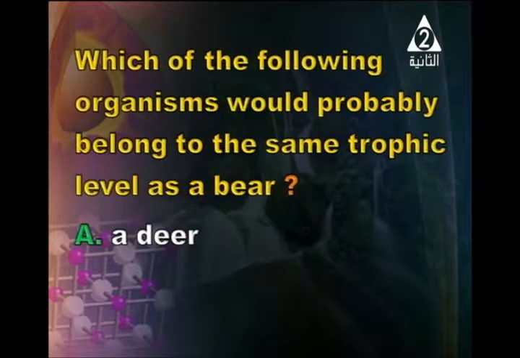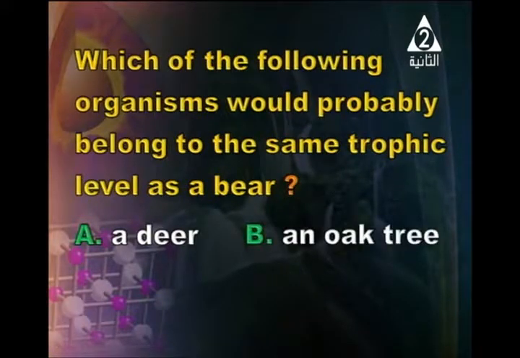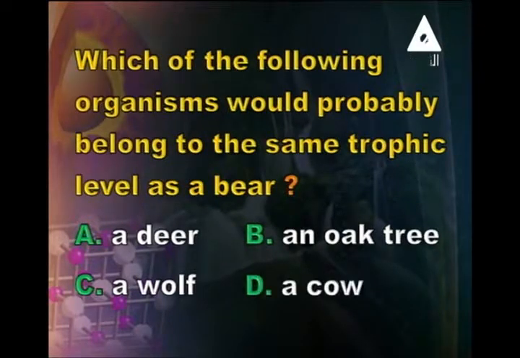We have deer, an oak tree, a wolf, and finally a cow. As you see, my dear students, bear is a carnivorous animal, and the one here which accompanies bear in the same trophic level is the wolf.